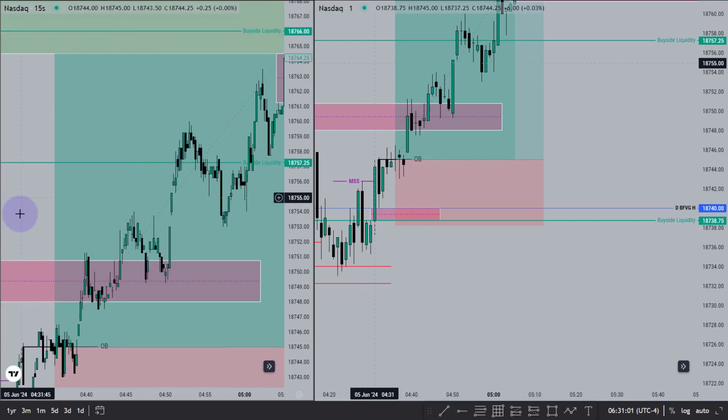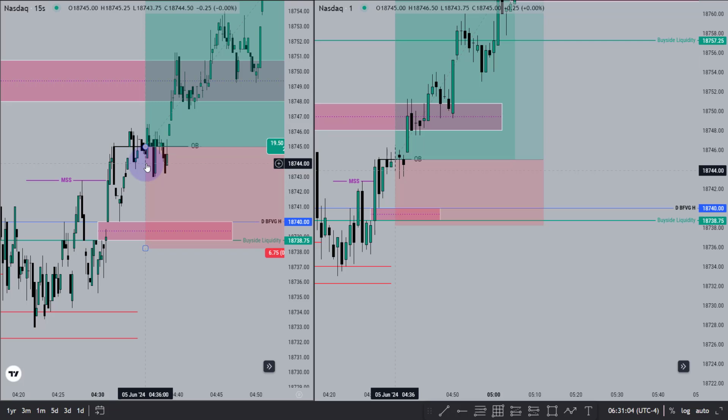Is that the same? Yeah, that is the same one, same time 4:36. After trading, look over here how beautiful, how clean the consecutive order block is around that area. That is why I marked that one as my order block.